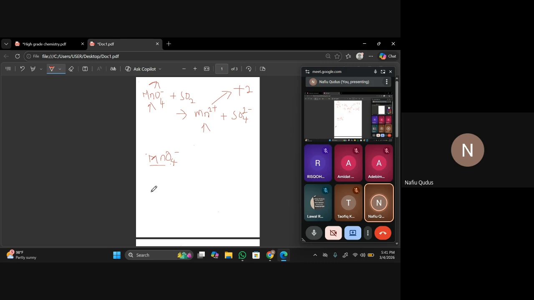So Mn plus how many atoms of oxygen do we have here? 4 atoms of oxygen, right? Don't forget that we have negative here. This negative means all of these equal -1.